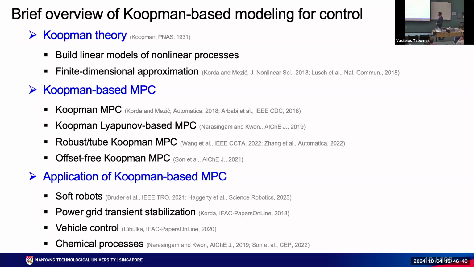And we have also witnessed wide applications of Koopman-based MPC across different areas, including soft robots. I believe Dr. Bruder is with UMich as well, right? And the power grid system, molecular systems, and chemical and biological processes.